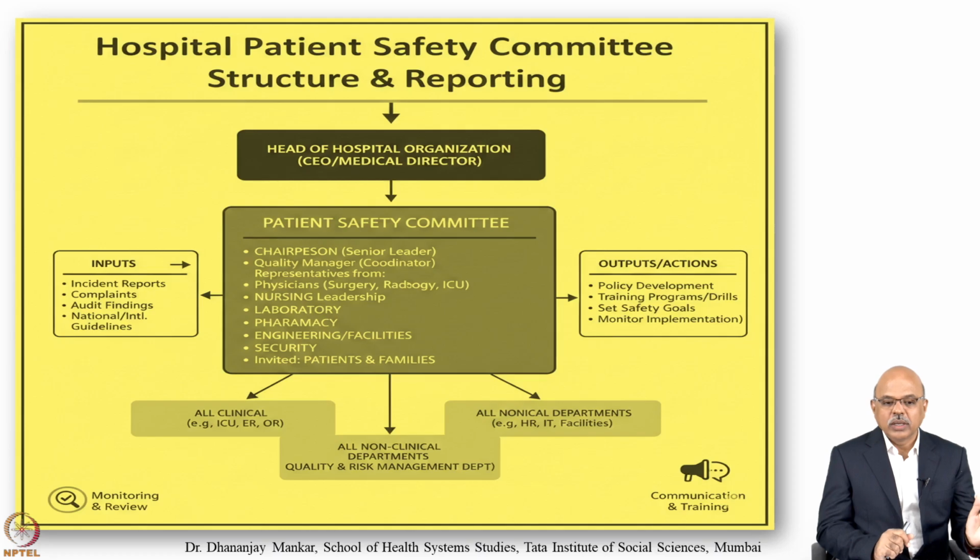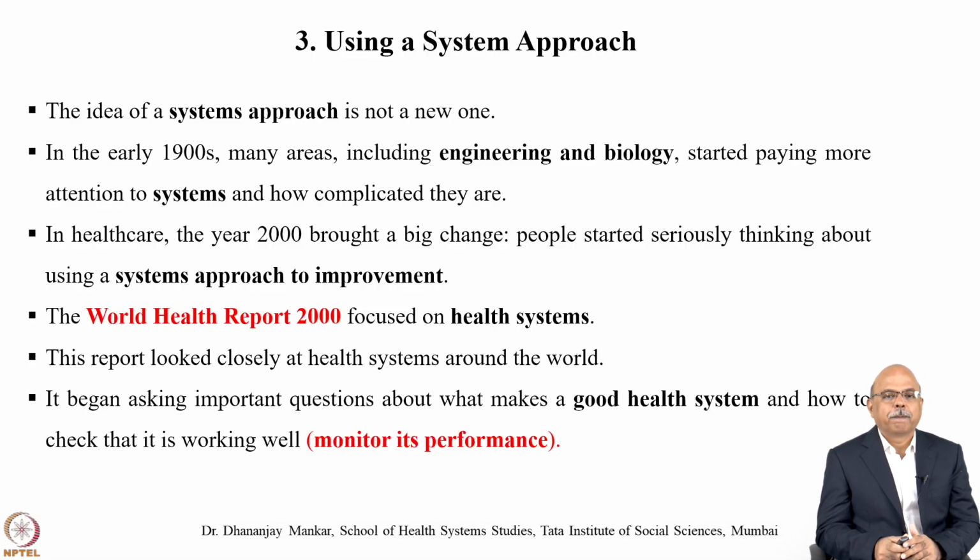People from all clinical and non-clinical departments can be there. People can even come from the departments of HR, IT, facilities, and housekeeping, along with ICU clinicians, ER, and OR, all of which are very, very important to make up the constitution of this committee.